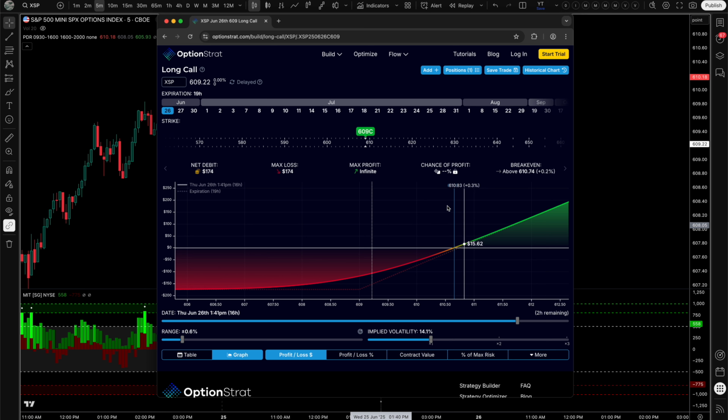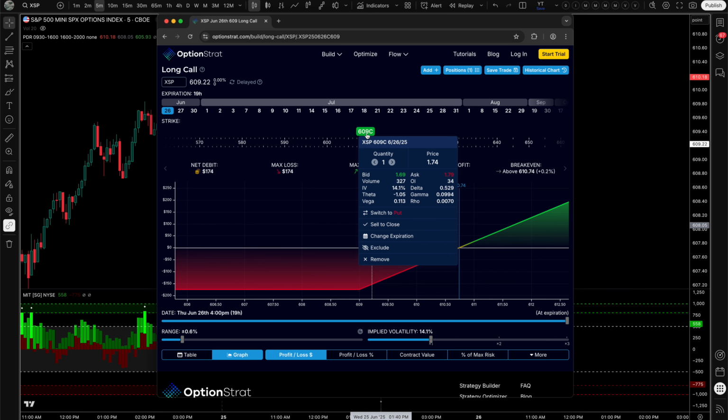So that's nice. If you're holding this to expiration, which you can do because it's cash settled, you actually need to beat the premium that you spent. So you say 609 call. Okay, so you need XSP to move to 609. Okay, great, it's at the money. You're already there. You bought it.